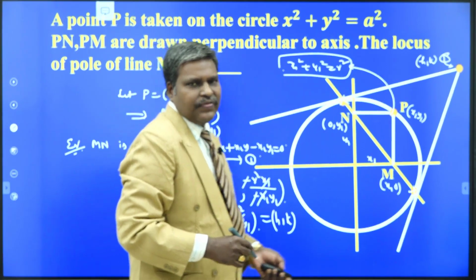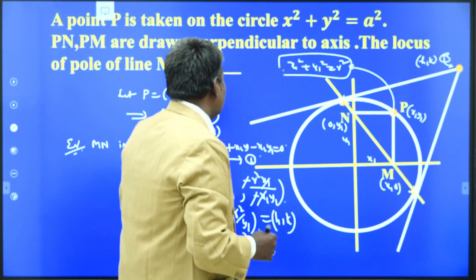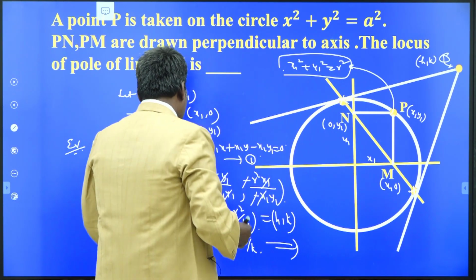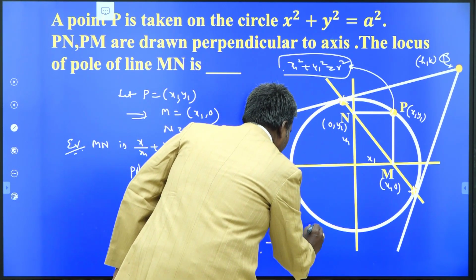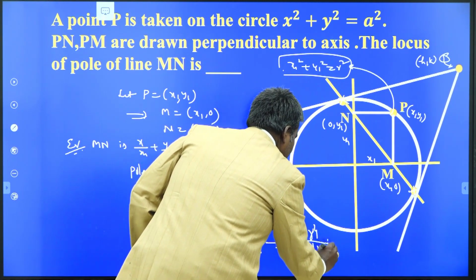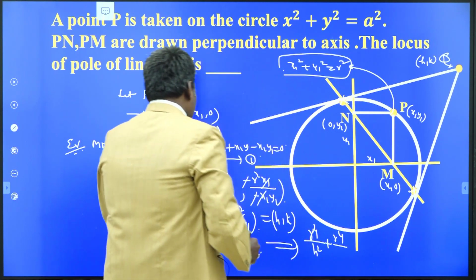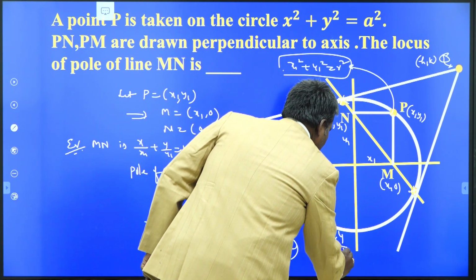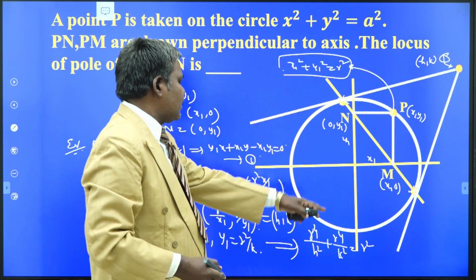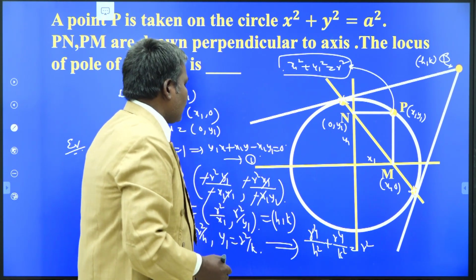Can you write the locus of h comma k or not? Yes, you can easily write it. Substitute here: x1 square means r power 4 by h square, plus r power 4 by k square, is equal to r square. This implies 1 by x square plus 1 by y square equal to 1 by r square is your required locus.